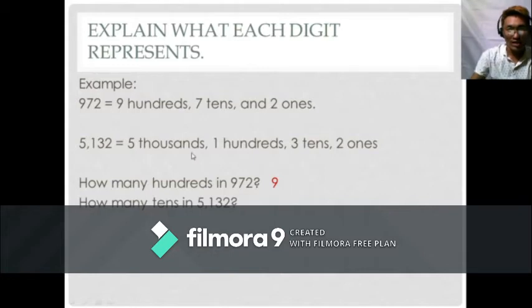I will no longer add the word hundreds because it is understood that this is the answer to this question. Okay, next, how about the second question? How many tens in 5132? Okay, if you got 3, you got it. There are 3 tens in 5132. Okay, let us proceed.